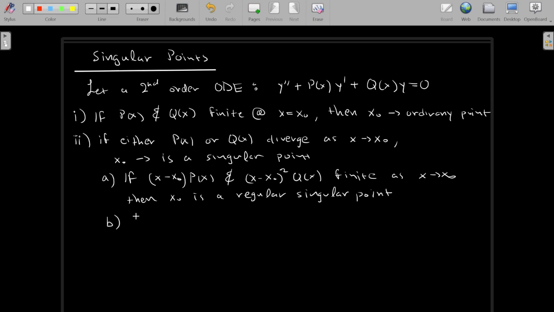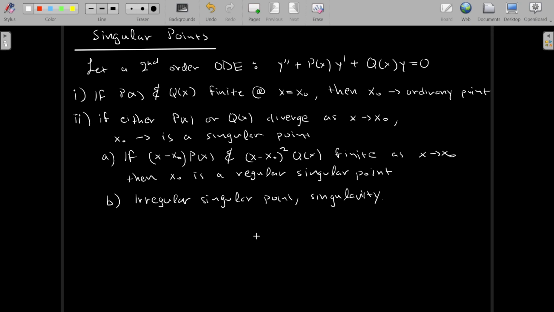Otherwise, it is an irregular singular point, or just a singularity in some bibliographies. And we're going to check what that is. Now, this is the way that we can check for points if they are ordinary, singular, regular, or irregular singular for a differential equation.